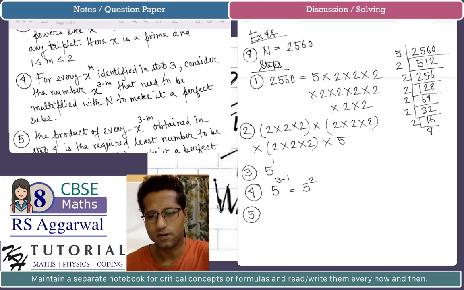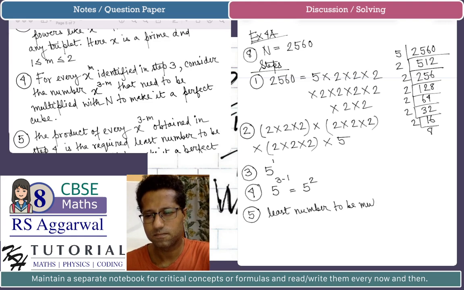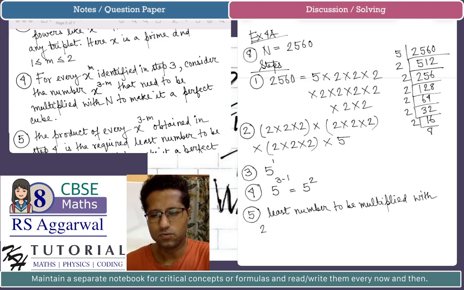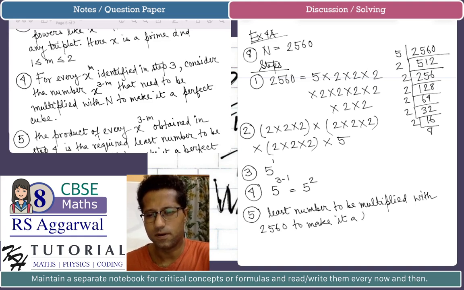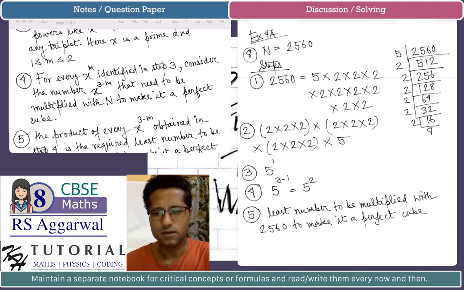So therefore, the least number to be multiplied with 2560 to make it a perfect cube is 5 square, that is equal to 25.